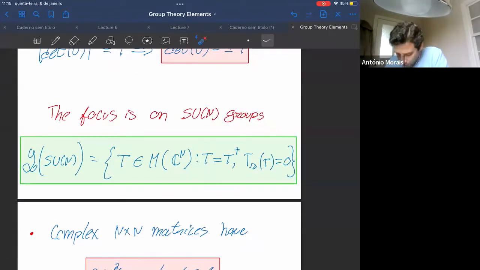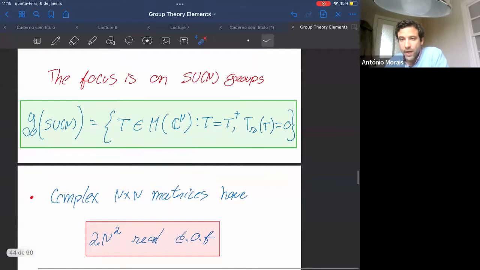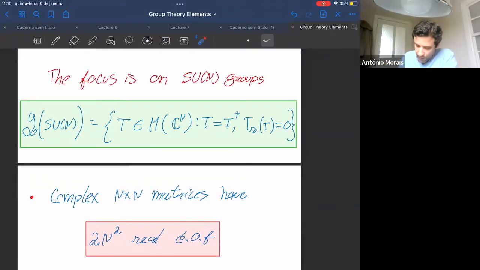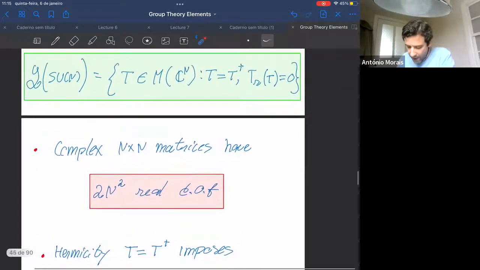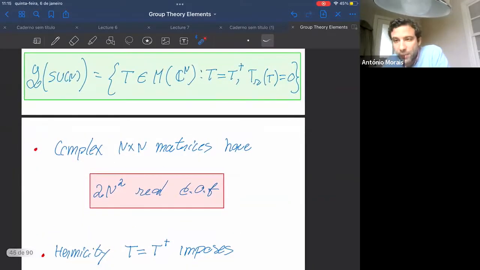So this is all generalizing the previous case of SU(2). The generators are a set of complex n by n matrices, under the same circumstances. So they are Hermitian and traceless. And how many degrees of freedom do we have in these matrices?